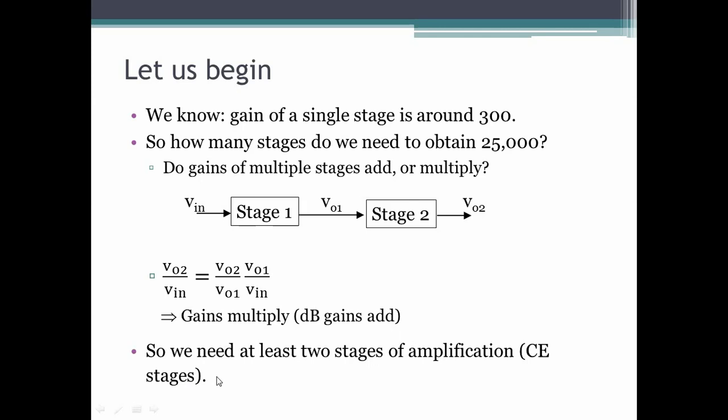We will not use common base stages, because as we had seen before, common base stages don't make good voltage amplifiers, and our goal here is to make a good high performance voltage amplifier. So we'll need at least 2 stages of common emitter amplifiers, because 300 times 300 is how much? 90,000, right? So 2 stages minimum we need.